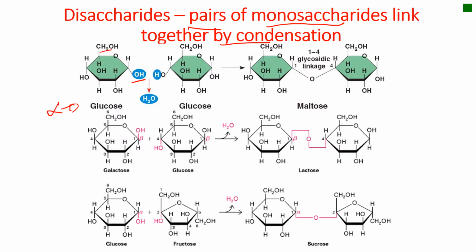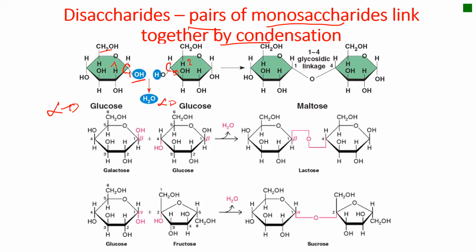There are two alpha D-glucose, and they want to make a disaccharide. If you can see, this is C1, and then C5 is over here. C1 of the first glucose will combine with C5 of the second glucose. This is the first glucose and this is the second glucose.